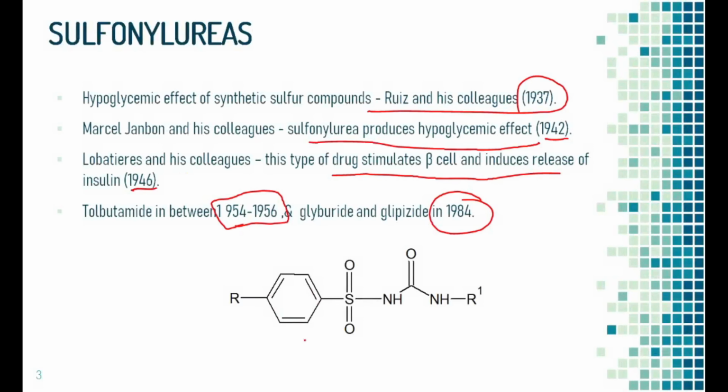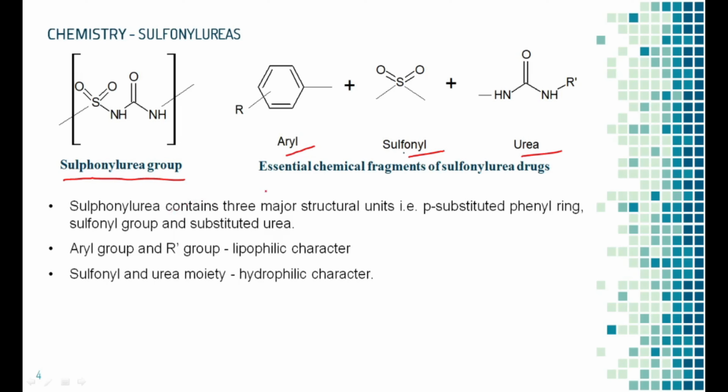These are the essential chemical fragments of the sulfonylurea drug: the aryl group, the sulfonyl group and the urea. These are the three essential fragments of the sulfonylurea group. As we have said, it consists of three major structural units: a para-substituted phenyl ring, a sulfonyl group and a substituted urea.